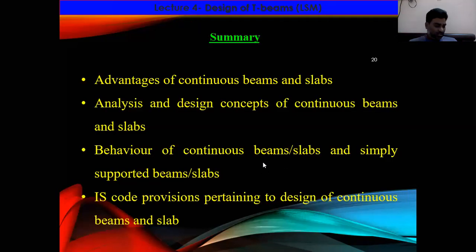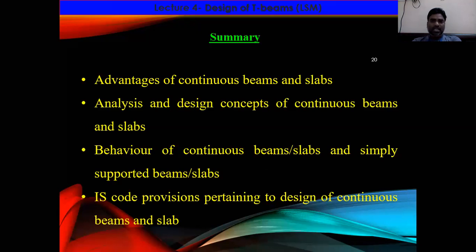So with this, I would like to conclude today's lecture, right? I would like to summarize whatever we were discussing. We discussed the difference between continuous beams and slabs as compared to simply supported beams and slabs. That means if the supports are more than two, then we call it continuous beams or continuous slabs.